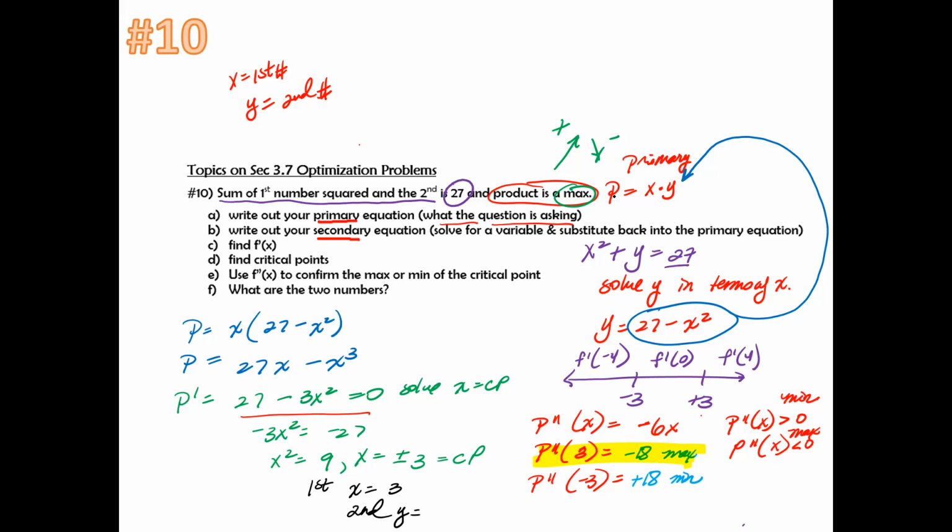And it's also given to you that if you look at the secondary equation, y equals 27 minus x squared. So let's just do 27 minus 3 squared, which is 27 minus 9. So your y is 18. So what are your two numbers? First number is positive 3, second number is 18. And that's how you would answer this question.